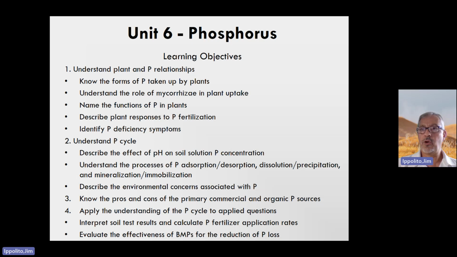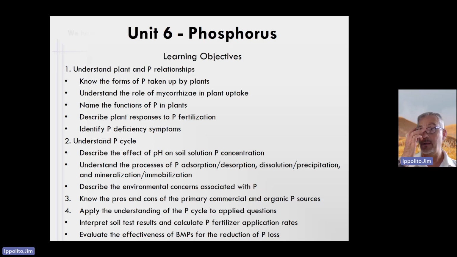And you should be able to interpret some soil test results and calculate phosphorus fertilizer application rates based on test results. And finally, evaluate the effectiveness of best management practices, or BMPs, for the reduction of P loss. And P loss, by that I mean from soils themselves.